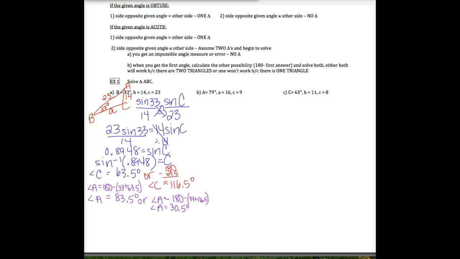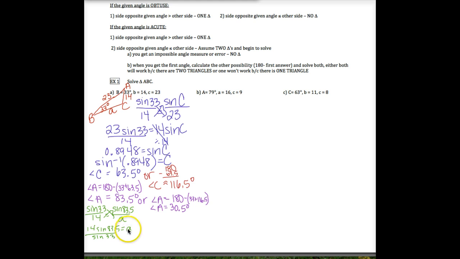So now I'm going to move on and find my last thing, which is side A. So I'm going to need law of sines there. So sine of 33 over 14 equals sine, in this case, 83.5 over side A. So cross multiply: 14 sine of 83.5, and then I'm going to be dividing by the sine of 33 from the other side.